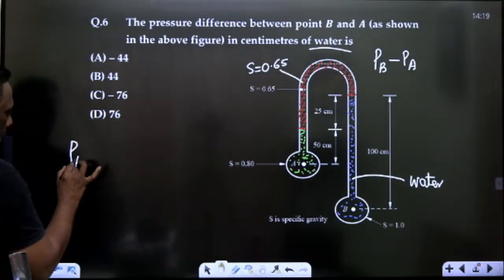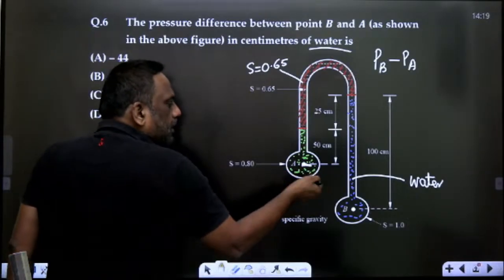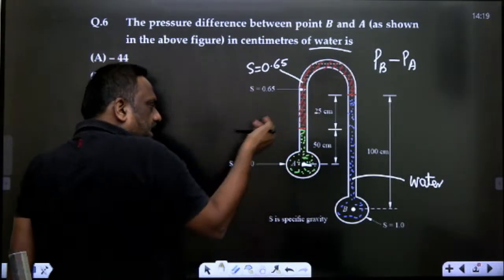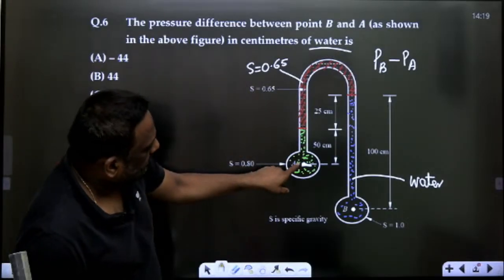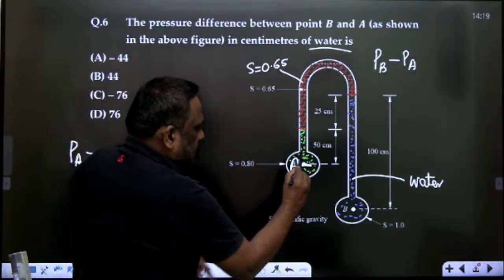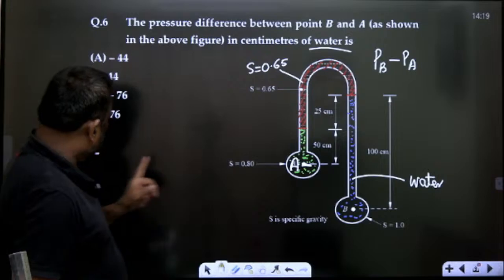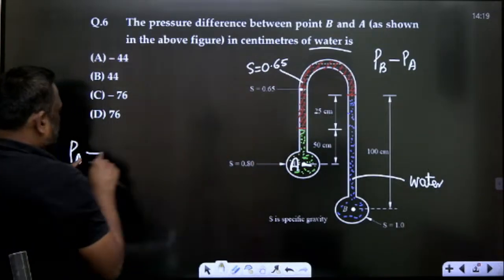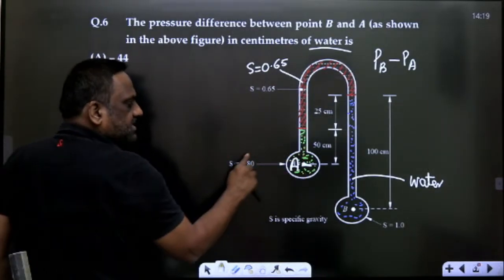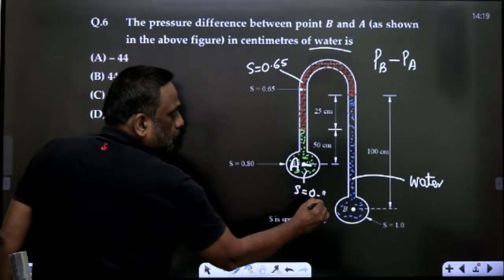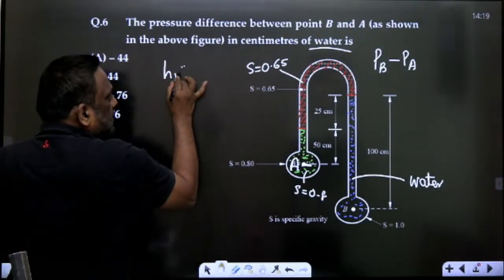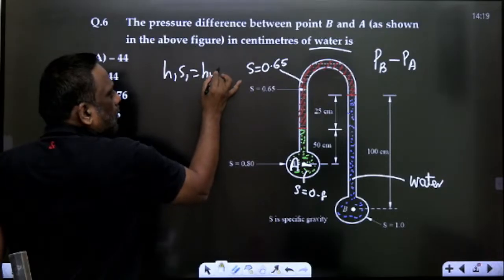Now from here I move in the upward direction. When I move upward, pressure decreases, so minus. Upward minus, downward plus. Let the pressure here be PA. From here upward, minus. This 50 is in terms of a fluid with specific gravity 0.8. So H1 S1 is equal to H of water S of water.